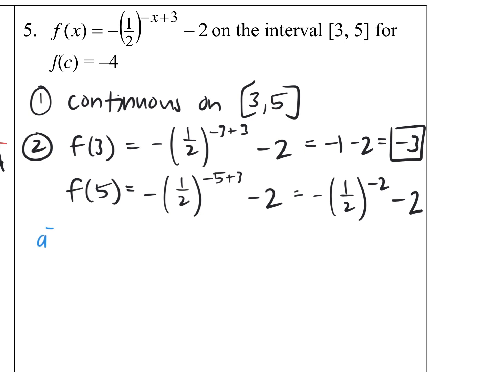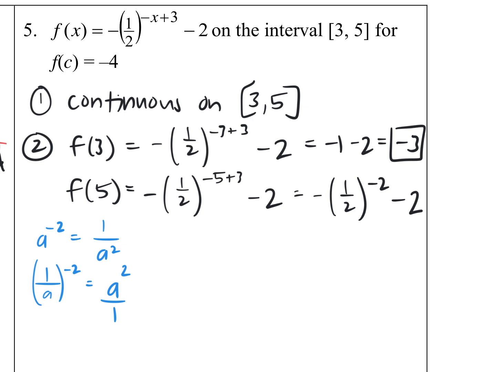If I have like a to the -2nd, that would become 1 over a squared, right? But if I have a fraction, if it's like 1 over a to the -2nd power, this becomes a to the 2nd power, because it's like a over 1. Do you guys remember that from algebra?